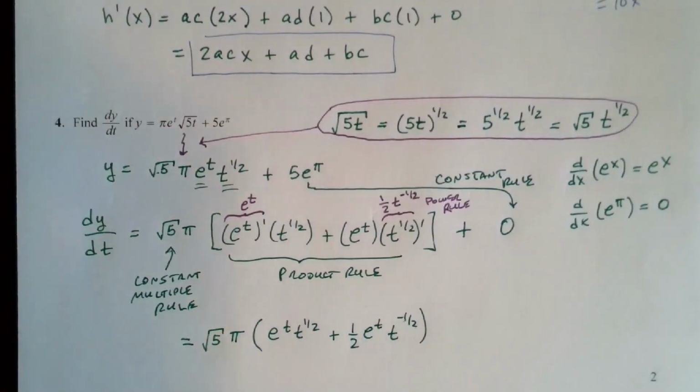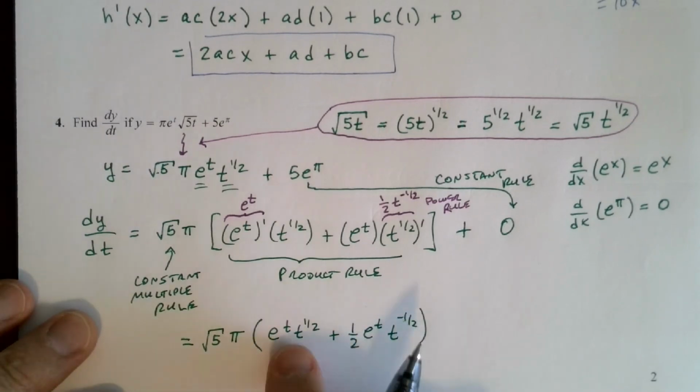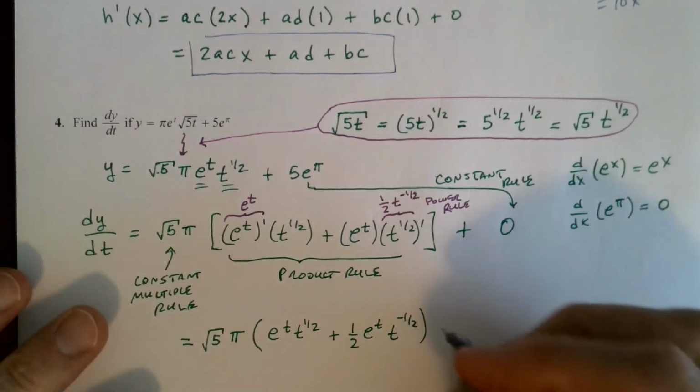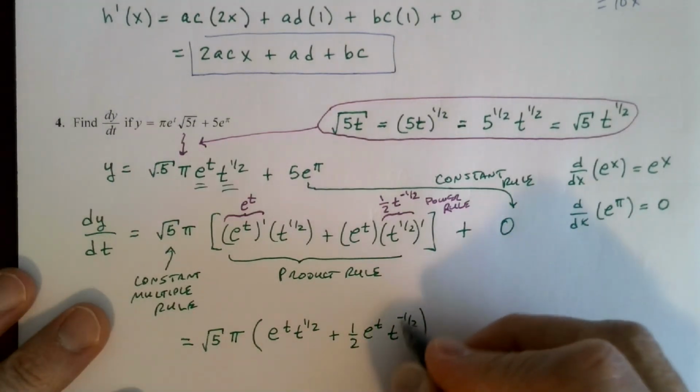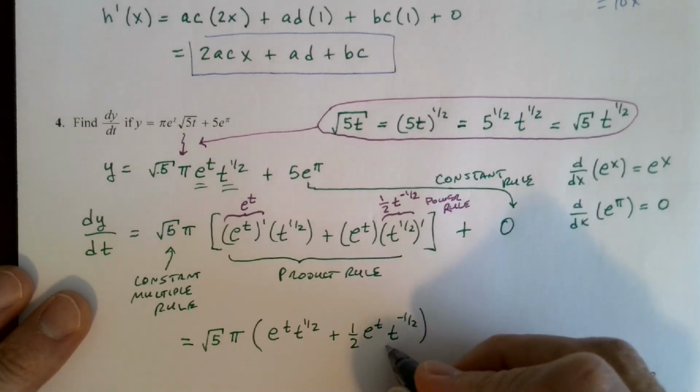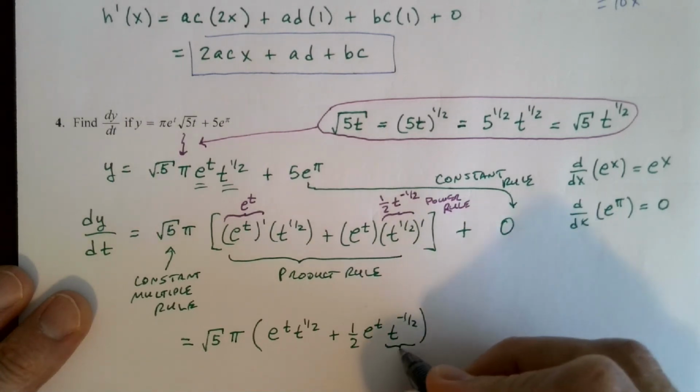And now there's some work we could do. I could certainly factor out an e to the t. I can factor out t to the negative 1/2 actually, right? Smaller exponent. I'm just going to rewrite it without the negative exponent though. So what would this be?